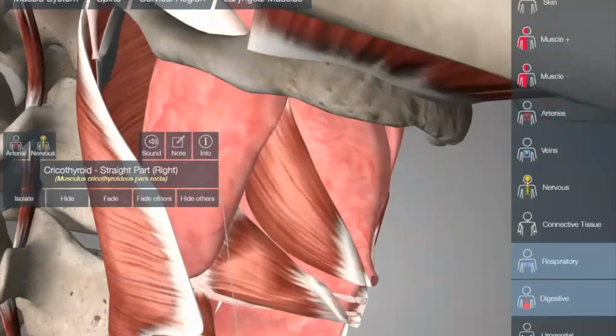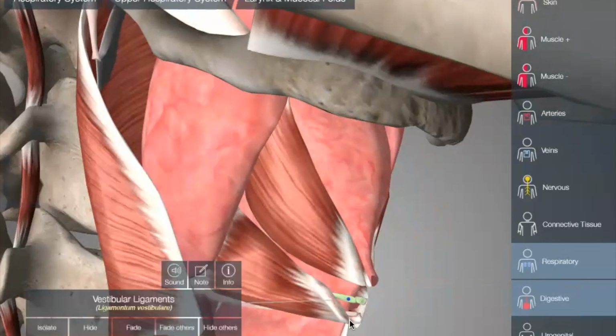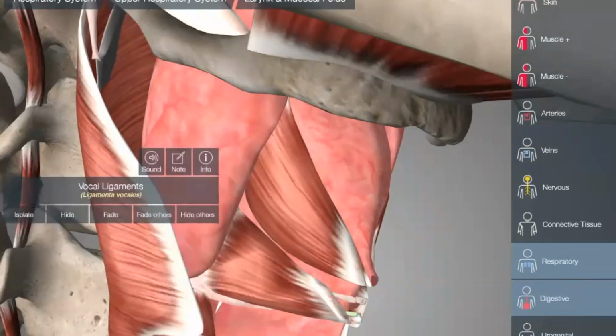This muscle is in relation with the vocal ligaments, which have a very important role in stretching and tensing. So they have a function in voice, and it is called the singer's muscle. The attachment: it originates from the anterolateral aspect of the cricoid cartilage and attaches to the inferior margin and inferior horn of the thyroid cartilage.